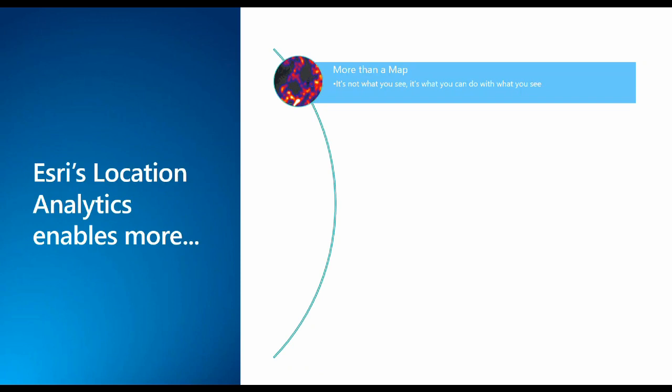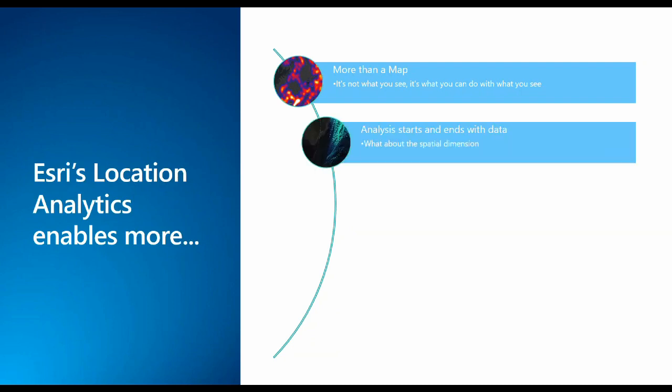And one of the things that we always talk about, it's not what you see, it's what you can do with what you see on a map. It's an important statement. It's not just a visualization, but it also leads to many more visualization techniques around your analysis with the spatial dimension. Analysis always starts and ends with the data, but we also have to remember that there's a spatial dimension.